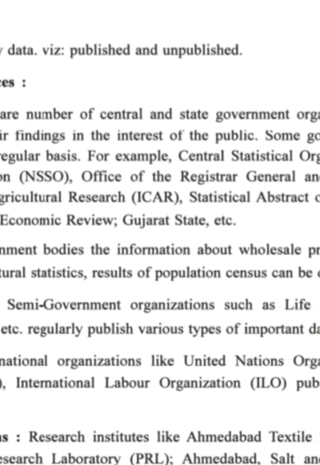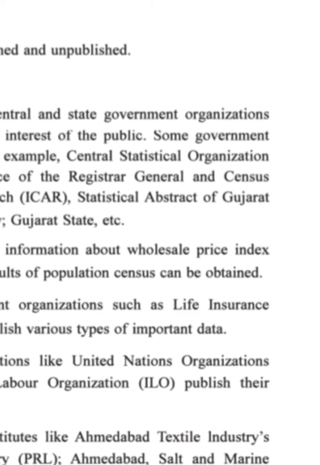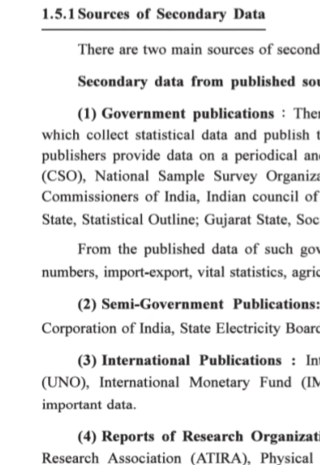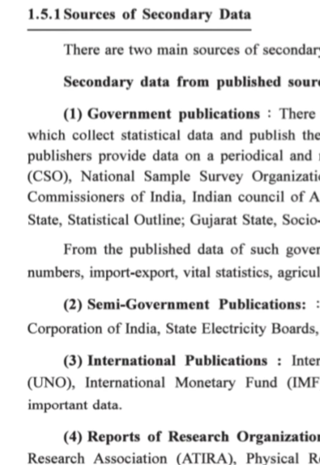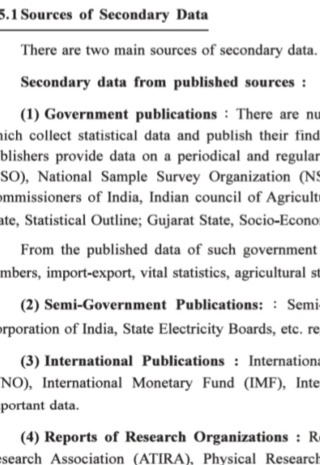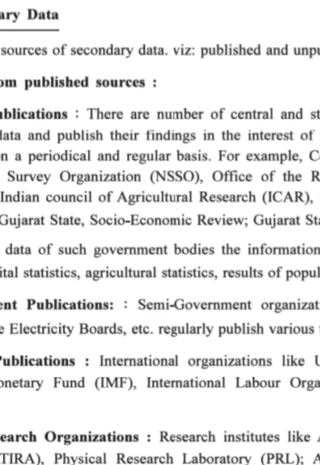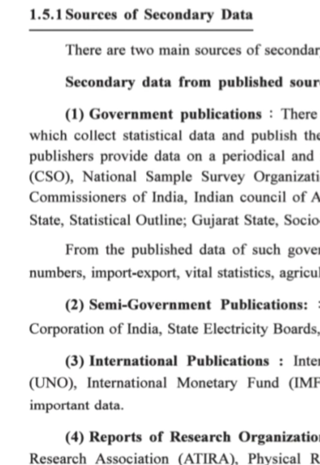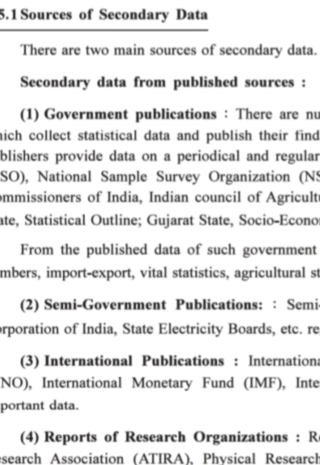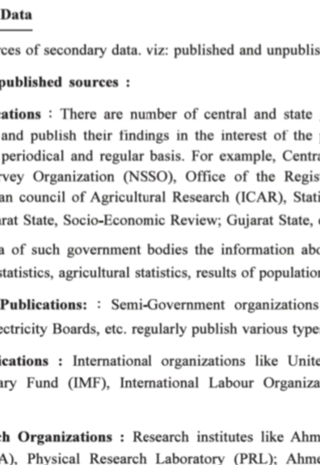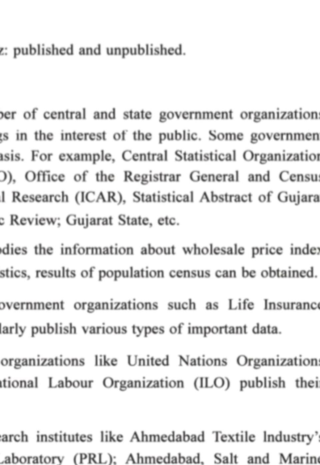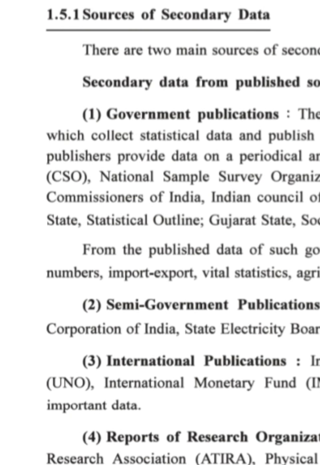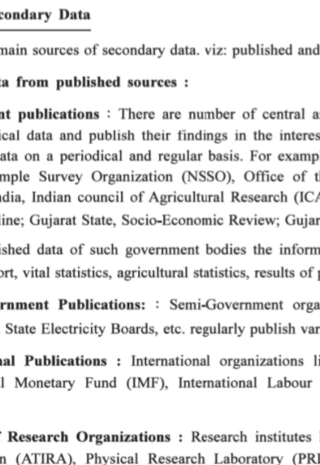Over here, certain examples have been given to us. That is, the Central Statistical Organization. All these are independent bodies of the government, whether the central government or the state government. National Sample Survey Organization, that is NSSO, Office of the Registrar General, and Census Commissioners of India, then Indian Council of Agricultural Research, ICAR, Statistical Abstract of Gujarat State, Statistical Outline, Gujarat State Socio-Economic Review.